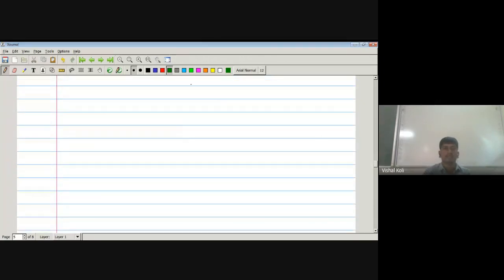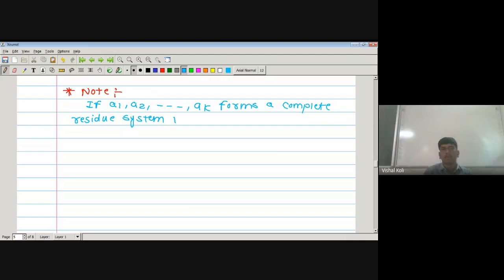Now here is one note. If a1, a2, up to ak form a complete residue system modulo n, then n must be equal to k.